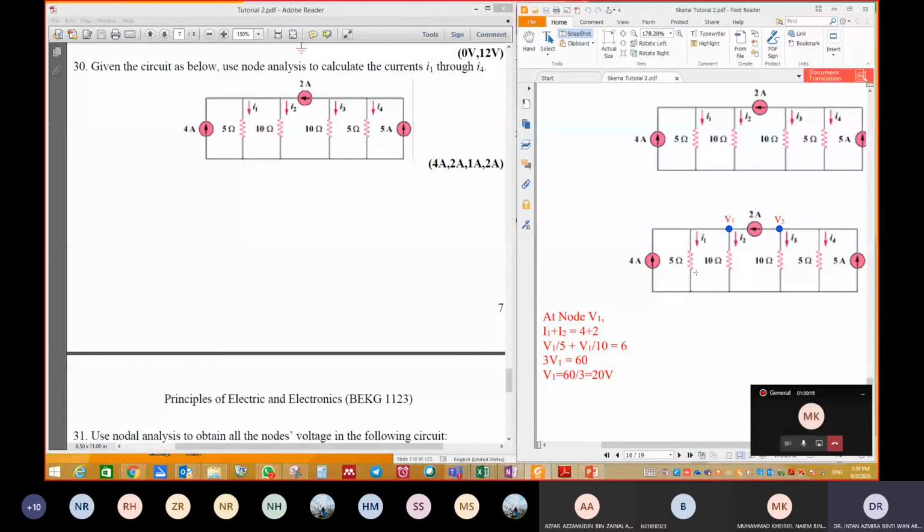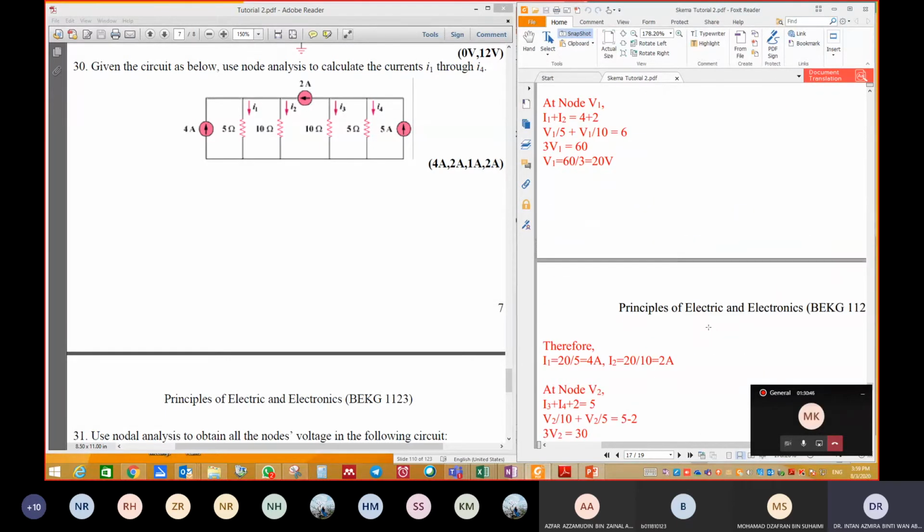So 4 plus 2 equals I1 plus I2. This is the first equation. After you substitute all the currents with Ohm's law, I1 is equal to V1 divided by 5, I2 is equal to V1 divided by 10, equal to 6. And then we get V1 equal to 20.